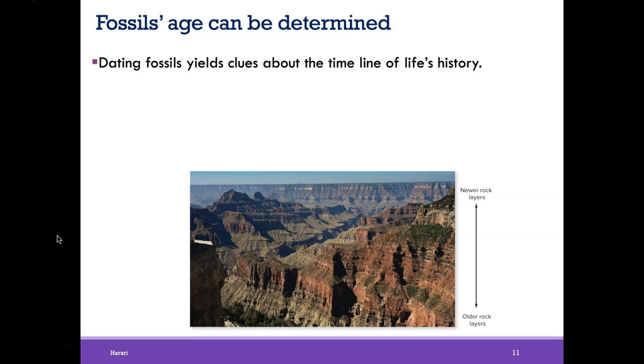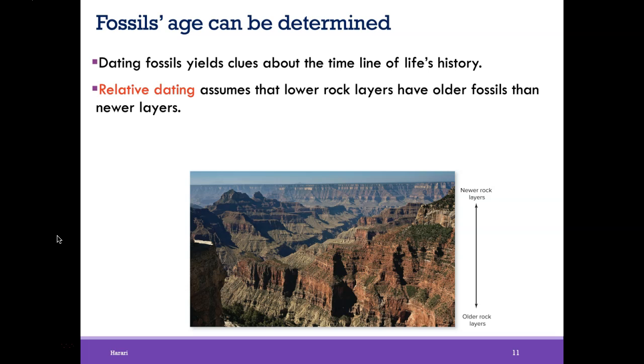So we can determine the age of a fossil in a couple of different ways. And dating fossils will give us clues about the timeline of life's history. So one way we can determine the age of a fossil is using relative dating. And relative dating places a fossil into a sequence of events without assigning it a specific age. So it's relative.